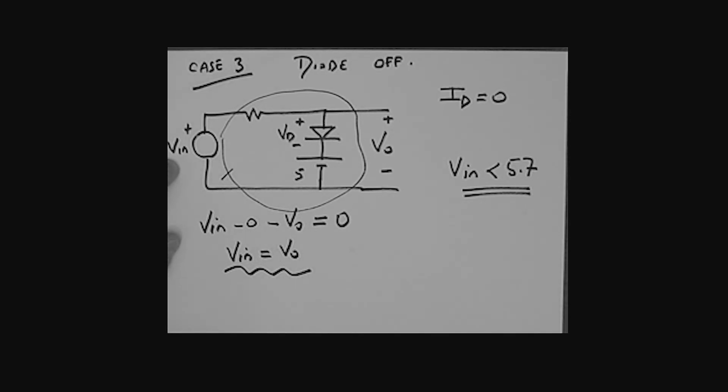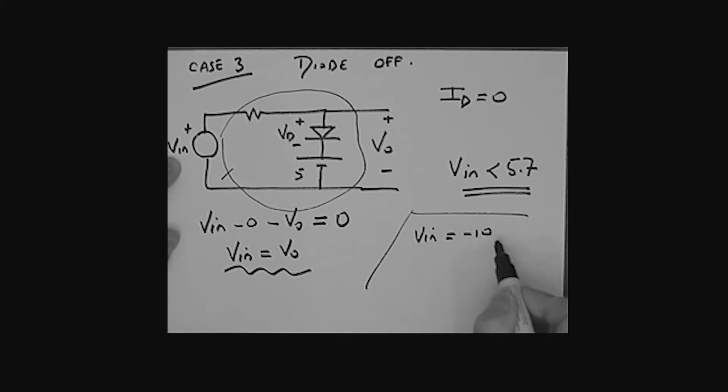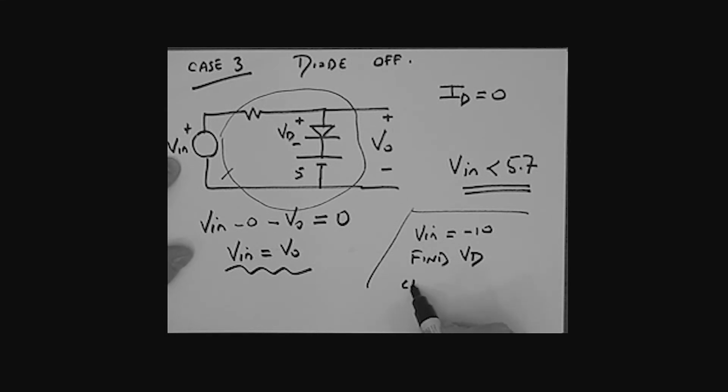Now look, a little exercise for you, all right? You can think about this. So, little problem for you. Supposing I said to you that V in was equal to a minus 10 volts, okay? Could you find the voltage across the diode, VD, and then could you check that really the output is still the same as the input for that condition?